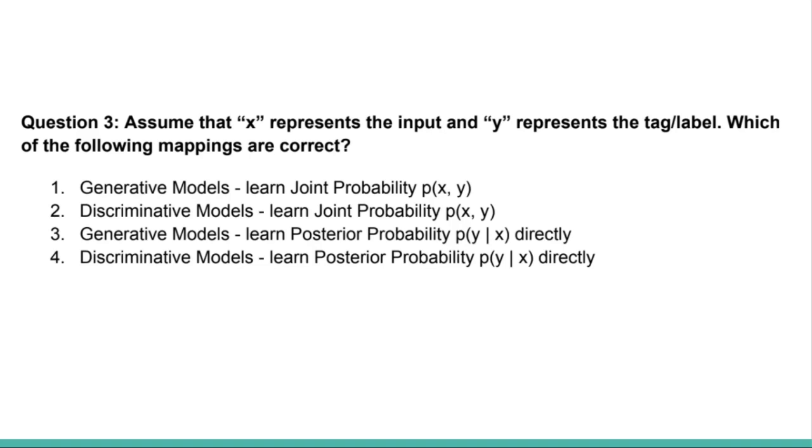Now the third question is, assume that X represents the input and Y represents the tag slash label. Which of the following mappings are correct? Here we need to understand what generative and discriminative models are. Even these were covered in the lecture videos, but let's discuss them once.